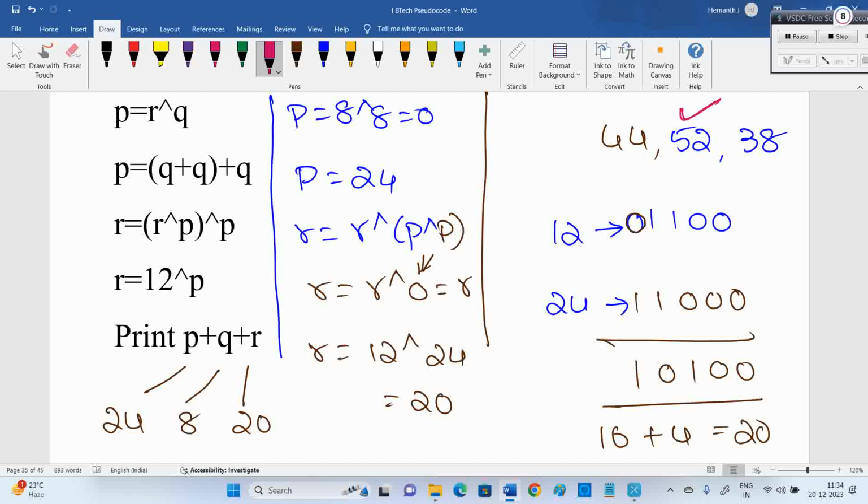Listen here. The second thing you can do: this step you can skip. Why, sir? P updated, again I am not using that P in the next step. So doing this is sufficient. Anyhow 8 XOR 8 is 0. If they gave a different number, like 8 XOR 7, something you doing is a waste of time.